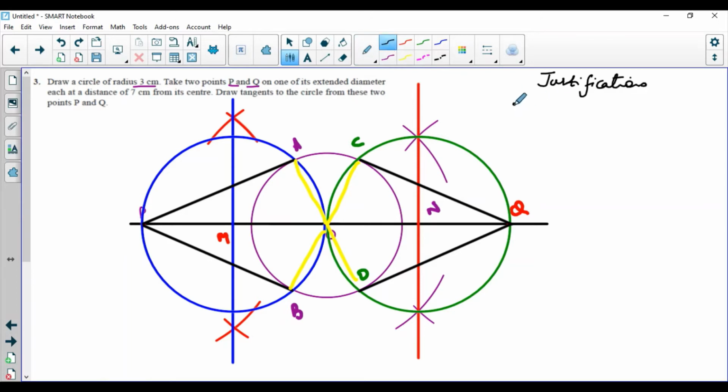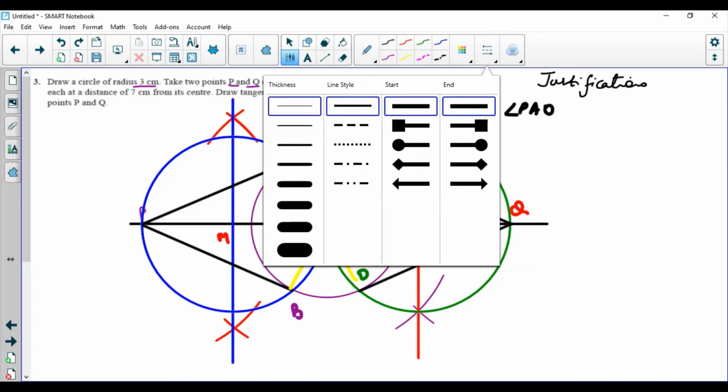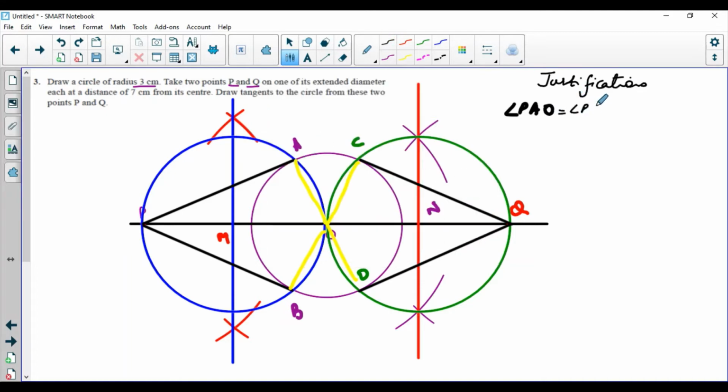Okay, so we can write angle PAO equals angle PBO equals angle QCO equals angle QDO. All are equal to 90 degrees. Reason will be the same, angles in the same semicircle are right angles.